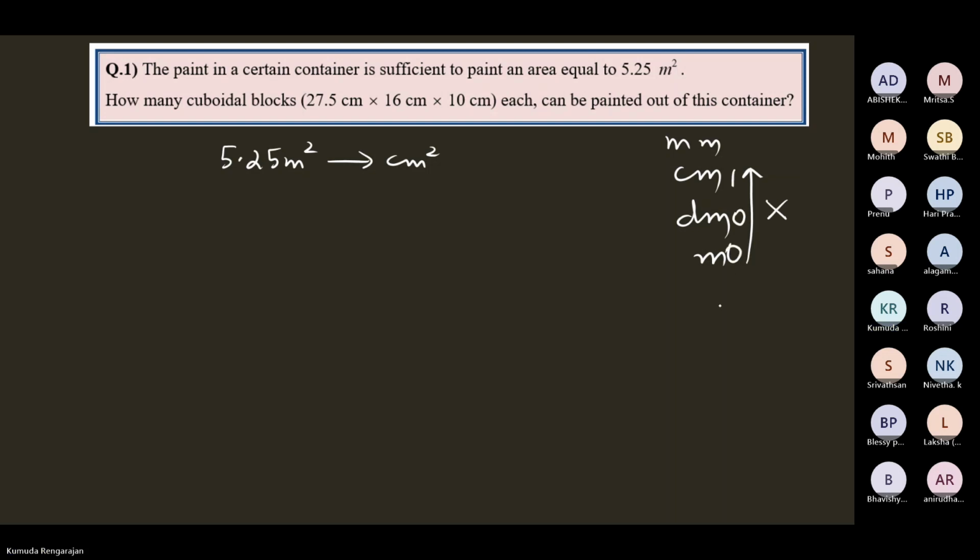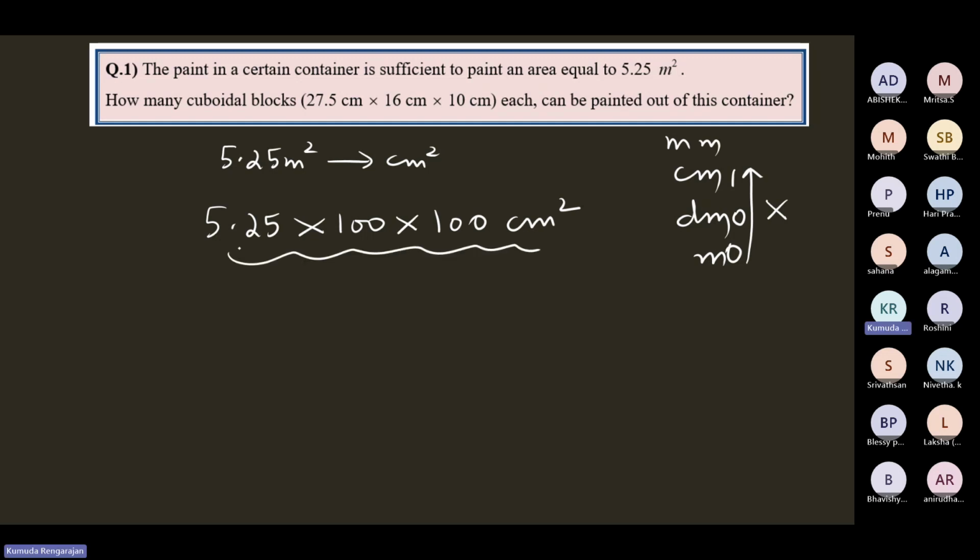And if you have to convert meter square to centimeter square, do the same thing 2 times. So 5.25, when you multiply it by 100, you're converting meter to centimeter. When you multiply this by 100 again, you're converting meter square to centimeter square. So you have paint to paint this much area.